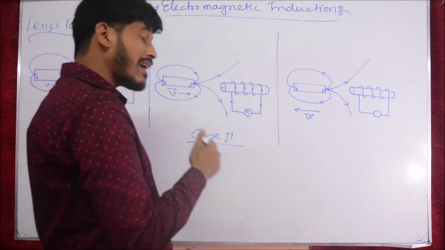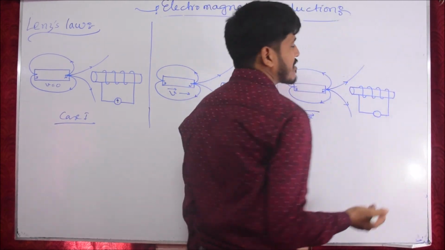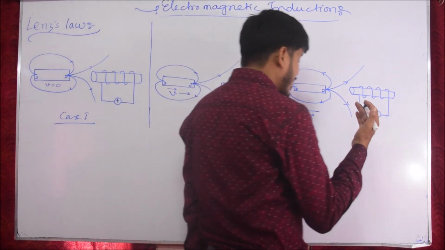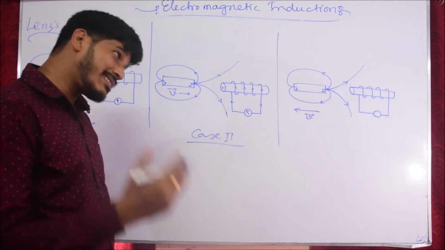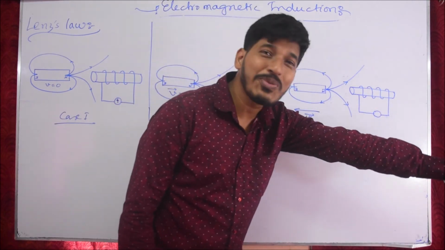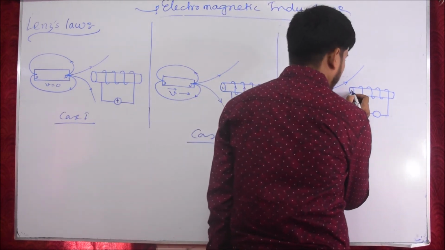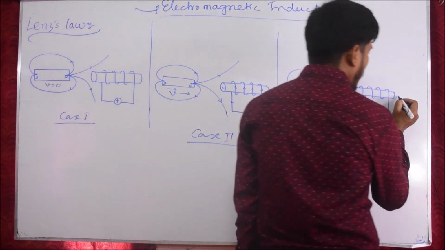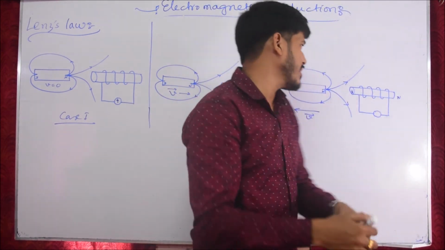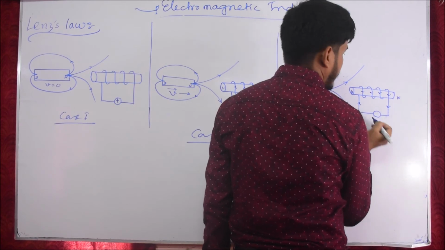As the magnet is moving away from the coil, there is also a change in magnetic flux linked with each turn of the coil, and as the magnetic flux linking the coil changes, there is a generation of induced EMF, and this induced EMF always has a tendency to oppose it, that is, as the magnet is moving away, it has a tendency to stop it. যে ধরে রাখা, and ধরে রাখতে হলে এটা হতে হবে সাউথ, and এটা সাউথ হলে হতে হবে এটা নর্থ, and এটা নর্থ হতে হলে থাম্বের দিকে হতে হলে কারেন্ট যেতে হবে এই দিকে, so current should be along this direction, current is along this direction, right?